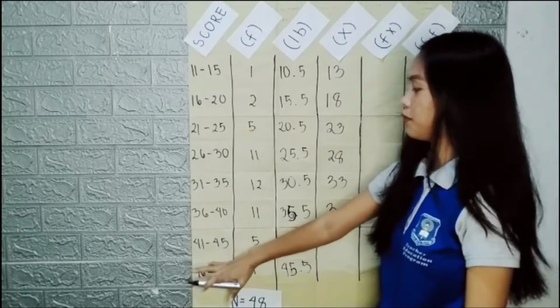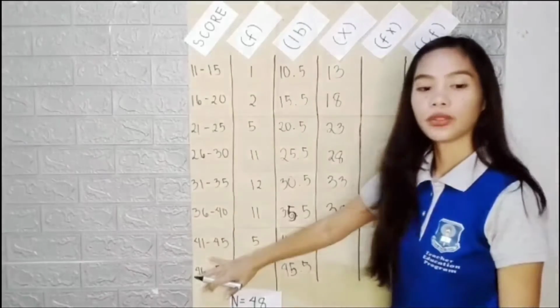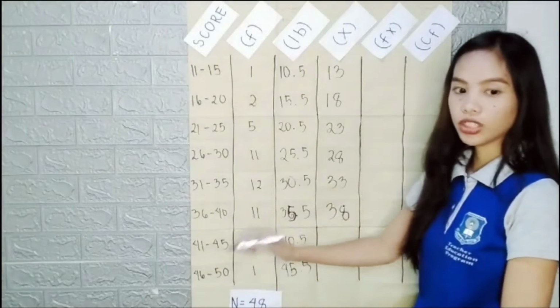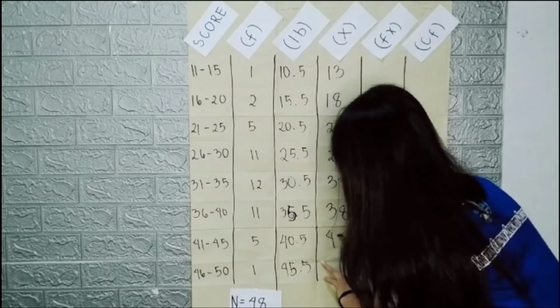The next is 41 plus 45 is equal to 86, and divided by 2, the answer will be 43.